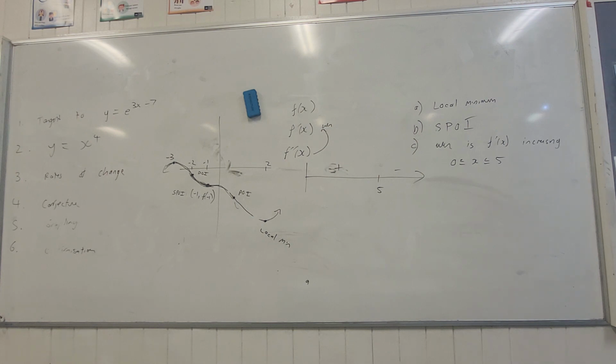This is tricky. Between 2 and 7, the value of f(x) take g(x) is increasing. Which statement is true? Let me explain what that means. Over this interval, f(x) take g(x), that gap is getting wider and wider.